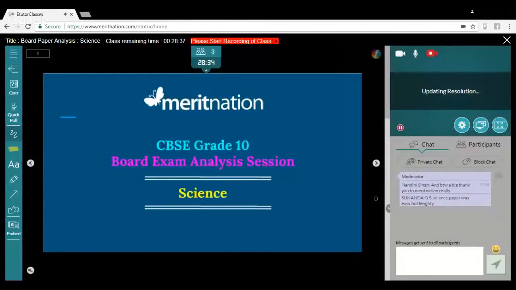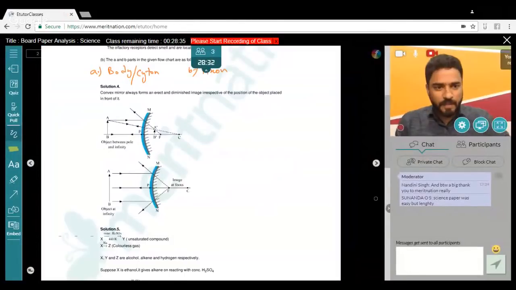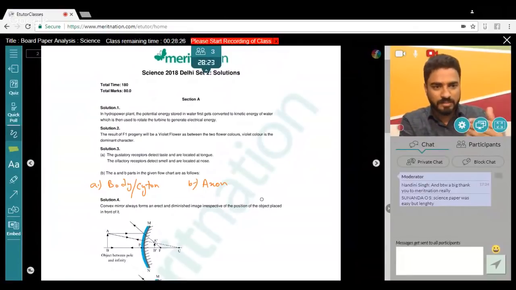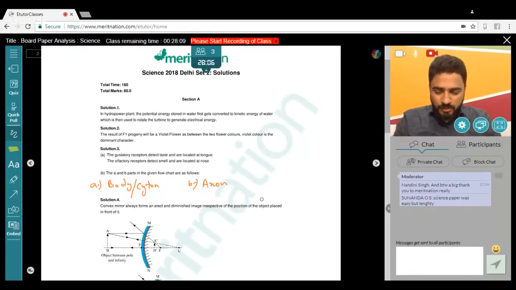I'm going to discuss Set 2 of the Delhi region, and basically all the sets had the same questions. So you can look at the different questions in your sets and compare. I'm expecting that all of you are carrying your question paper, so I don't have to show you the numericals or the questions over here. I'm directly going to discuss the solutions. So let's begin our discussion.